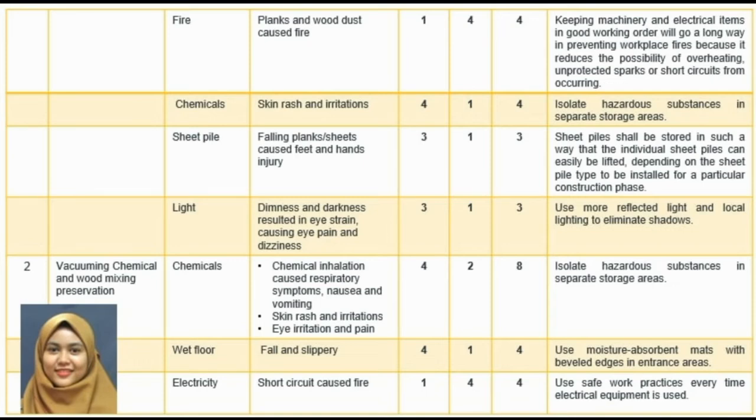The risk assessment is 4, 2, 8. It is isolate hazardous substances in separate storage areas. For wet floor, it causes falls and slipping. The risk assessment is 4, 1, 4. The action is use moisture absorbent mats with beveled edges in entrance areas.